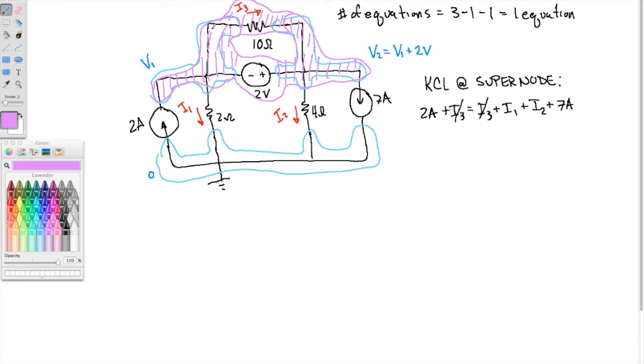So anything in parallel, if we had another resistor up here that was in parallel, that resistor could also be inside the supernode. Okay, so now our equation: you can see that yes, the 2 amp is entering, and these 3, I1, I2, and the 7 amp, are leaving. So 2 amps equals I1 plus I2 plus 7 amps.